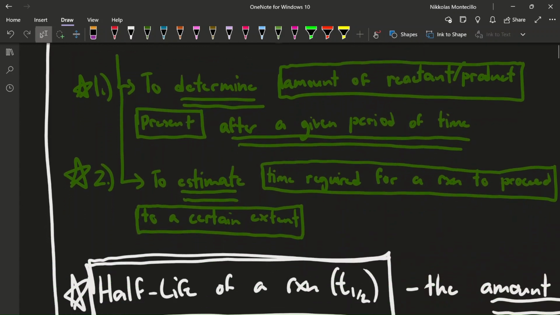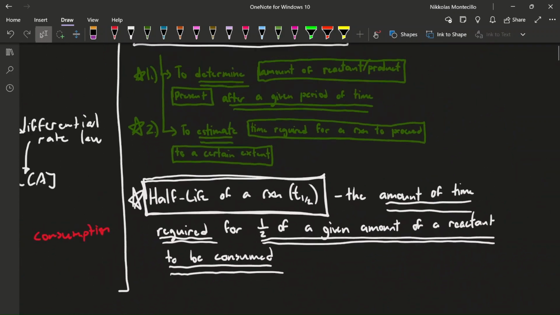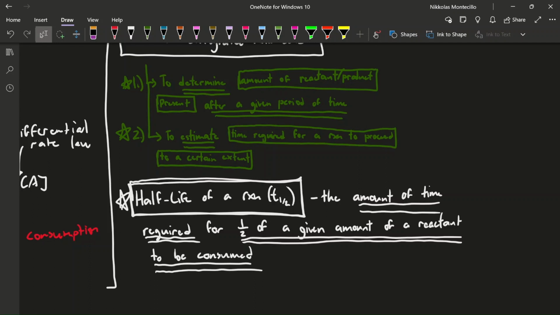Okay? Another concept that we want to be familiar with is the half-life of a reaction. The half-life of any given reaction is the amount of time required for one half of a given amount of a reactant to be consumed.